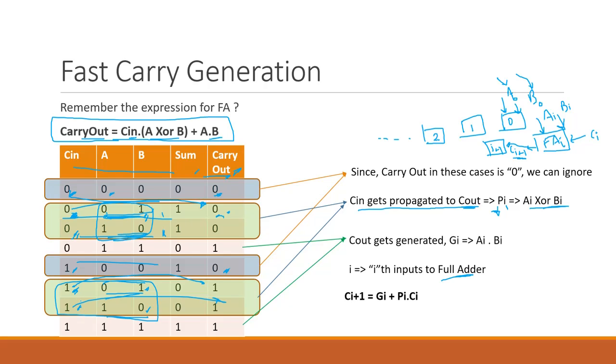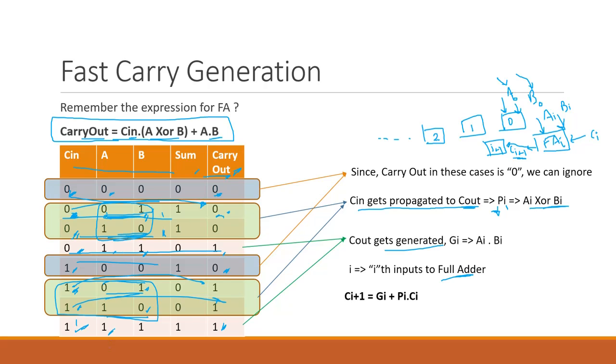Now we are left with the last two combinations. Here, irrespective of the value of C in, we get the C out as 1. That means the carry out gets generated. There is no dependency on C in, but there is a dependency on Ai and Bi.